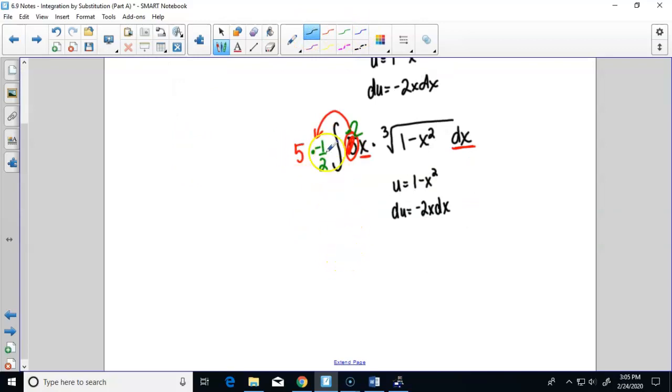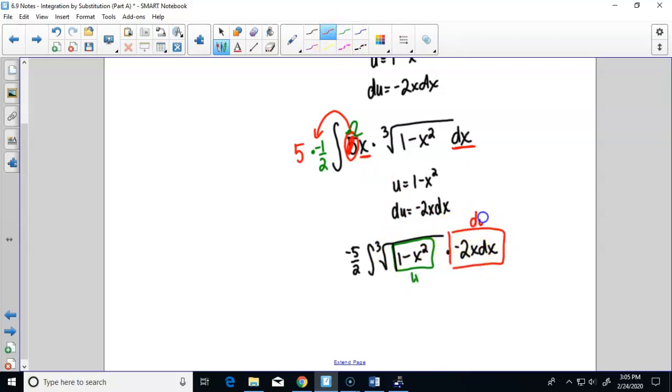So if you do that, then you've got that 5 times the negative 1/2 would be negative 5/2 integral of the cube root of 1 minus x squared. And we'll put this negative 2x dx over here. So this part right here is u, and this part right here is du.